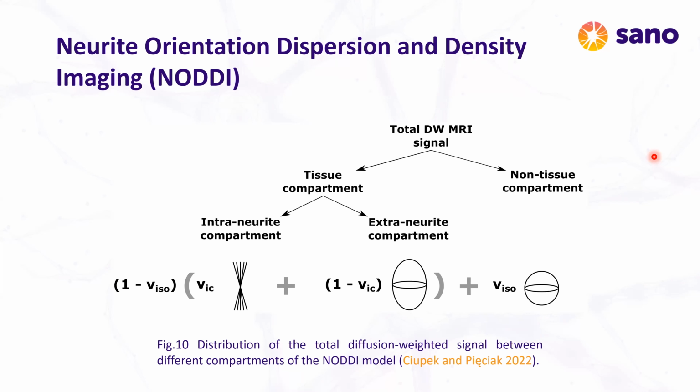The orientation distribution of sticks can vary from highly parallel to highly dispersed, and this models the full spectrum of neurite orientation that can be present in the human brain. And the extracellular compartment refers to the space around the neurites and is modeled as an anisotropic Gaussian diffusion, so as a Zeppelin.